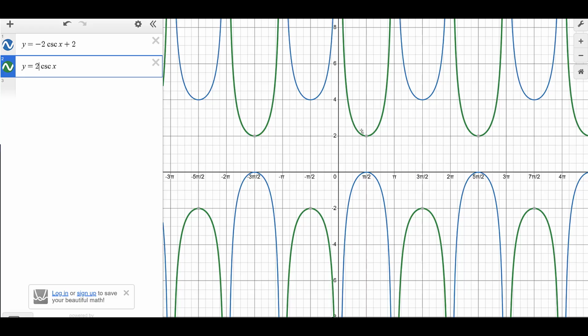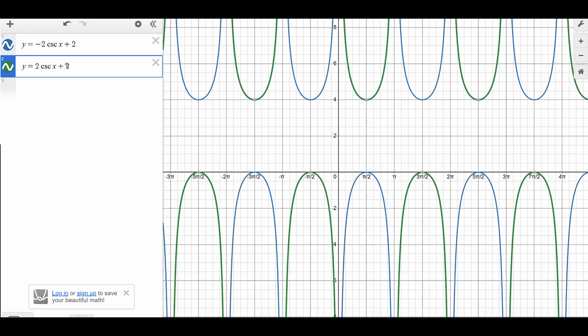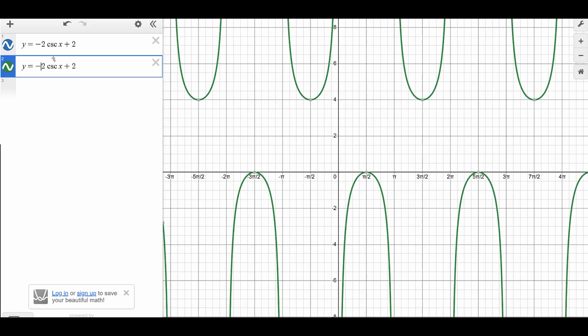You can see that they got stretched up, that got stretched down. Then a +2 moves it up into position. Then putting a negative out front flips them so they line up on top of each other. So hopefully that shows kind of an evolution or a development into that function. Sorry, this has been a little bit long video.